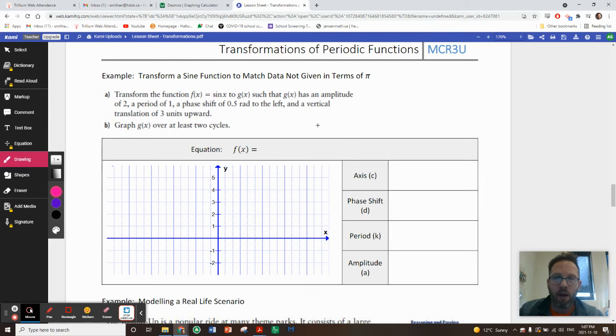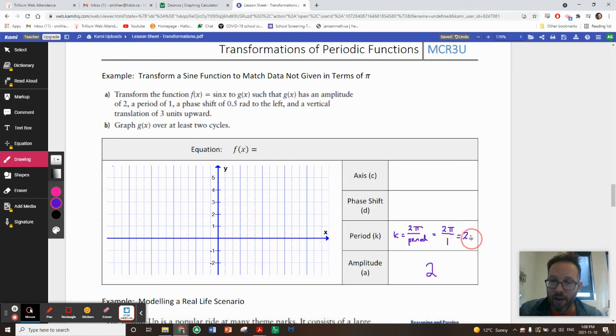So let's pick some things off here. Amplitude of 2, and this time we're building a sine function. I'm going to stick back to my purple here. Amplitude of 2, period of 1, okay? So the period is 1, so what's k? k is equal to 2 pi divided by the period, which is 2 pi divided by 1.